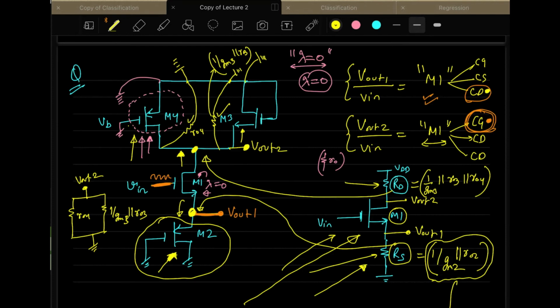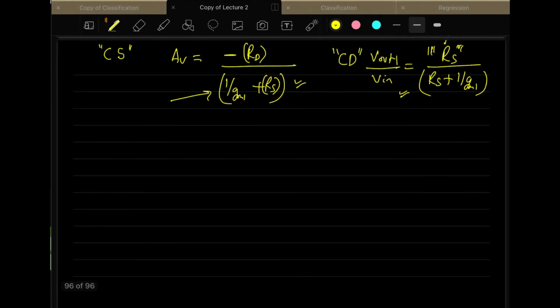Hello, sir. Yes, yes. In M4 there is no 1 over GM4. Why is that happening? It is because you are looking from the drain of M4. Remember this, whenever we are writing 1 over GM, it is always in two cases. Either you are looking from here, that is the main case.